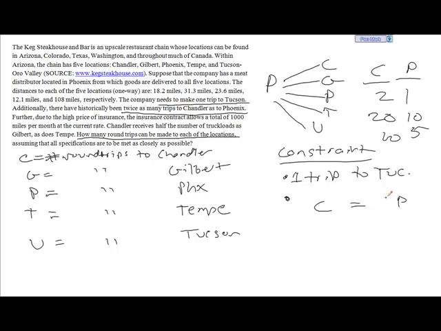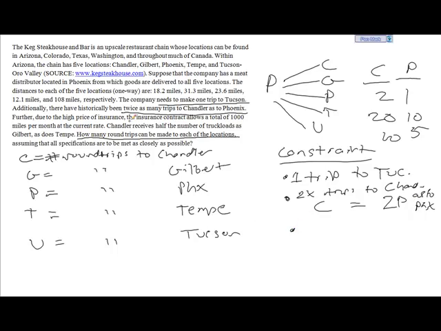So whatever I plug in for P, I multiply by 2, and that gives me C. I should have written this in words: twice as many trips to Chandler as to Phoenix. I kind of wrote that out mathematically already.